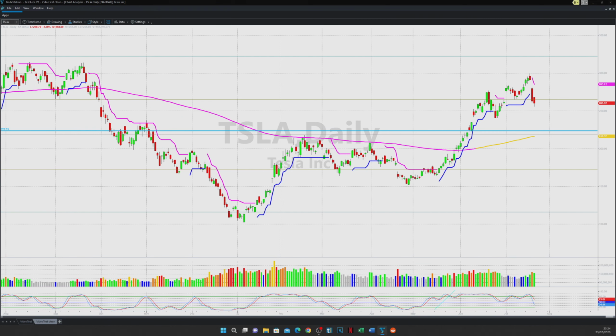It could try to close it, but at the moment it seems that it's giving signals for a change in direction. We had a move to the upside, and probably now this is the break of the biggest move to the upside, probably retest and then coming back to the 224 again. Let's move to Apple.